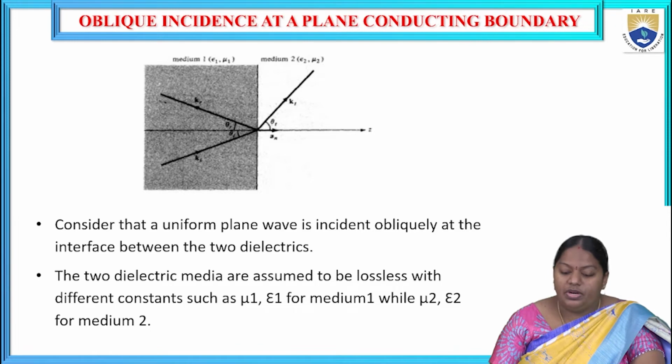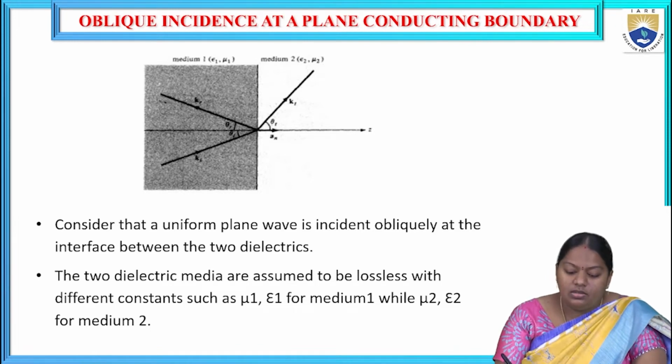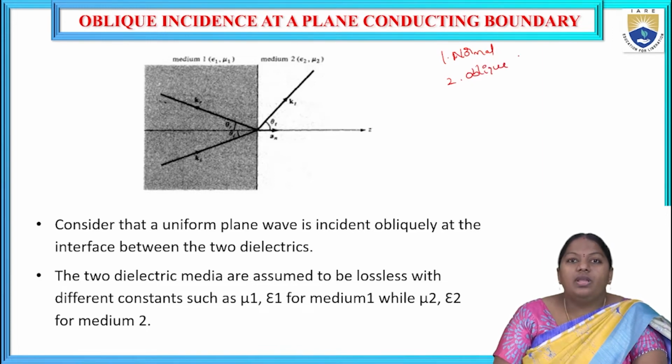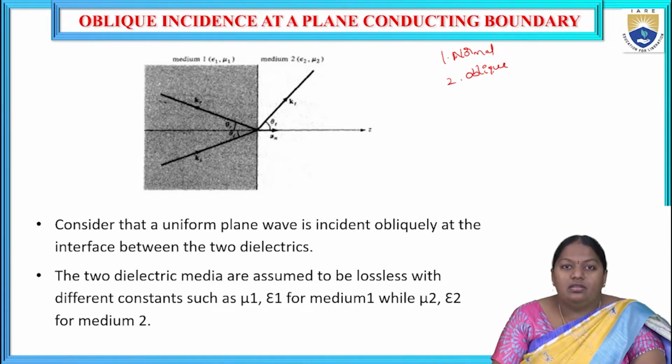Right? So here, firstly, there are two types of incidences. One is normal incidence and the second one is oblique incidence. Before going to oblique incidence, we have already learned in the previous lectures about normal incidence.